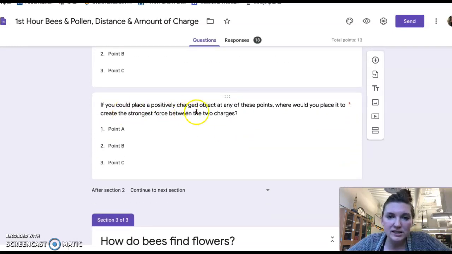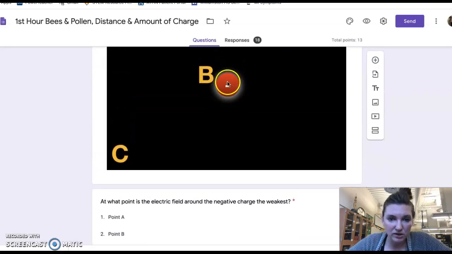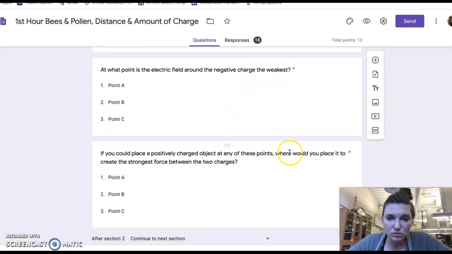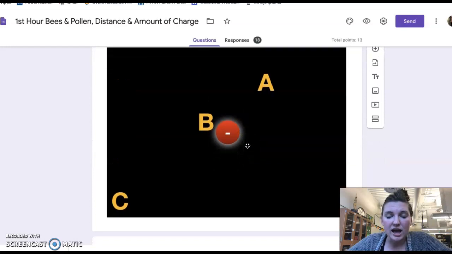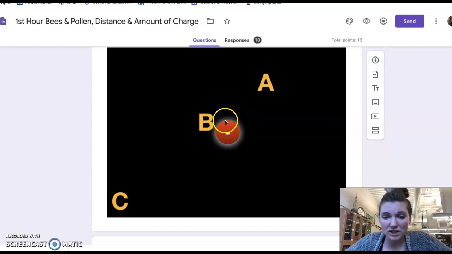If you could create a positively charged object at any of these points, where would you place it to create the strongest force between the two charges? A positively charged object is going to attract this one, right? I know that the electric field around this charged object is strongest closest to it. So if I would like to place something that's going to react very strongly to that, I'm going to place it close. So I'm going to pick B.